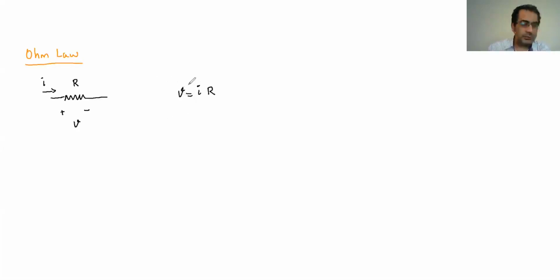So make sure that you remember it. If there is one equation I want you to memorize, it would be this one, because we use it a lot, and it's very important to know how to work with it.